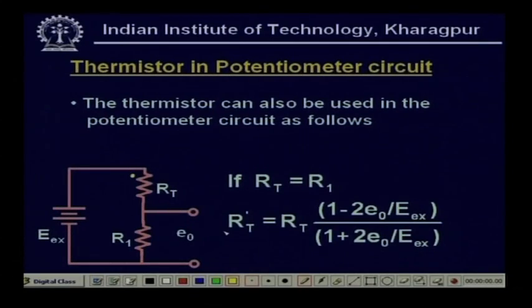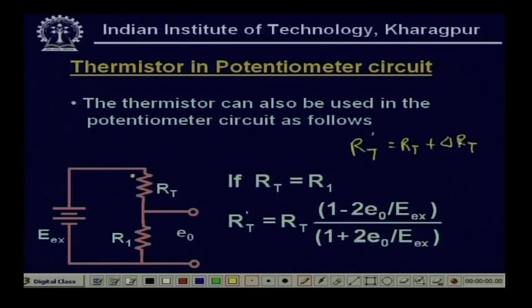In this case, if R T equal to R 1, R T dash will be equal to R T plus delta R T, that means the changed resistance. R T dash equal to R T into 1 minus 2 E naught by E x, the excitation, upon 1 plus 2 E naught by E x.